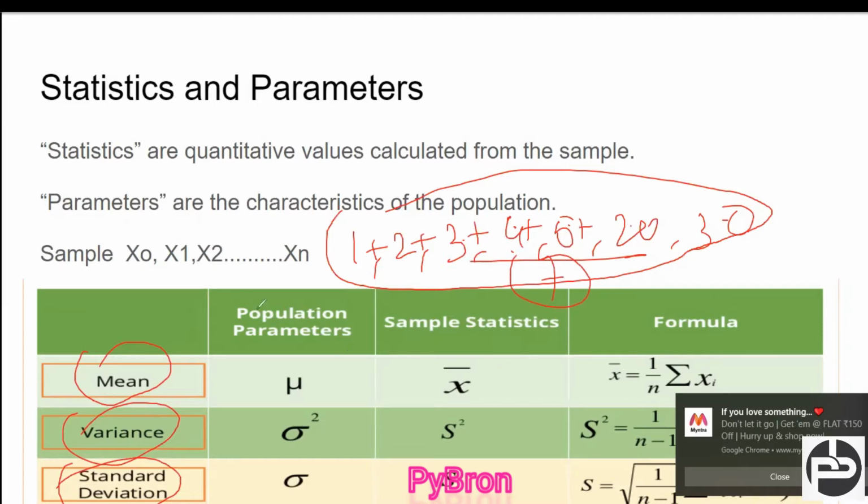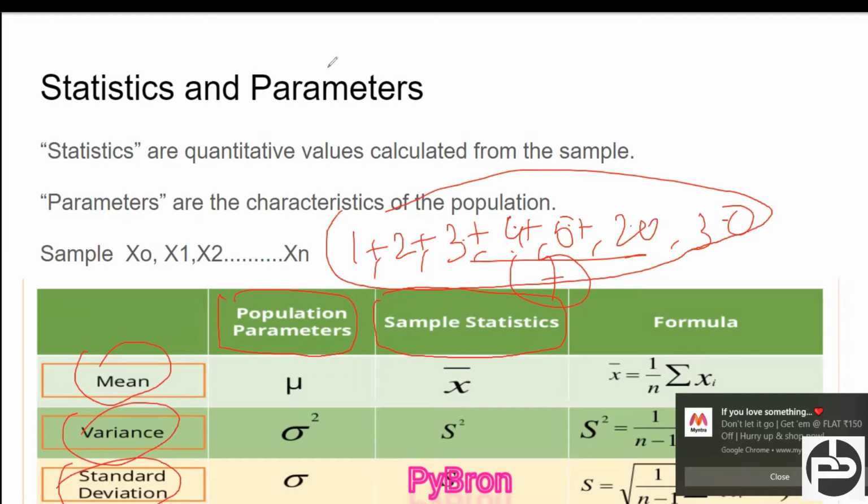And in this diagram, you can see there are two columns I made, population parameter and sample parameter. What is the difference between population and sample? I want to highlight this. Population I already discussed in my previous video. If you are going to analyze the data on the complete data, that is known as population.